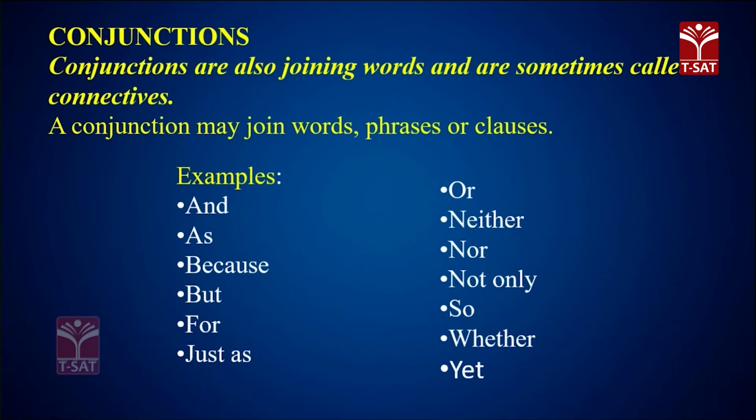And, as, because, but, for, just as, or, neither, nor, not only, so, whether, yet. There is a word called fanboys. With the help of this, you will be able to remember different conjunctions which are used very frequently.